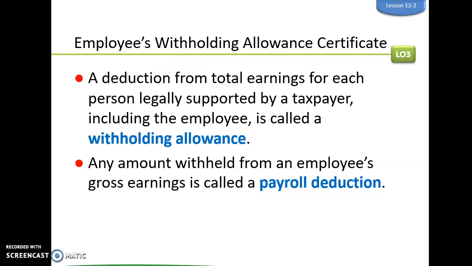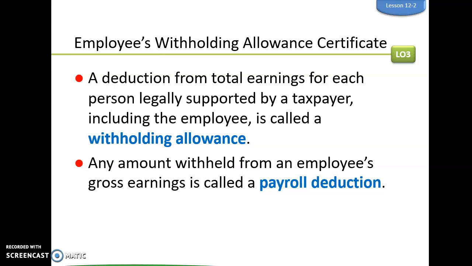So the amount of income tax withheld is based on the employee's marital status and the number of allowances. What is an allowance? Well, we've talked about this in personal finance, but an allowance would be a child, right? Someone who you are responsible for financially. So the most common allowance is a child. So I want you to kind of think about this in your head.